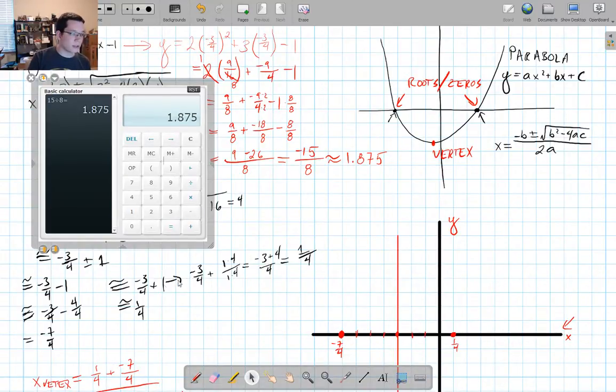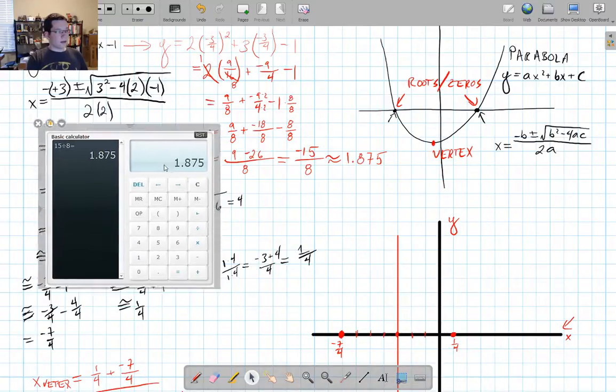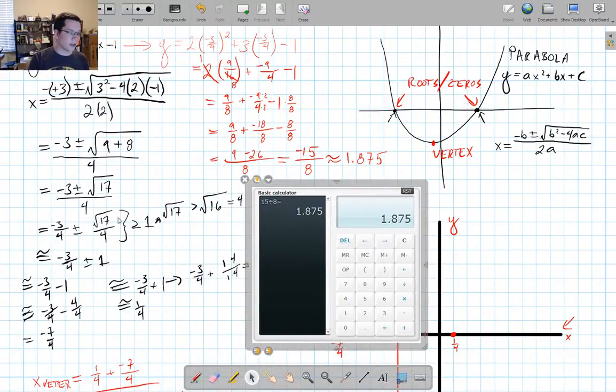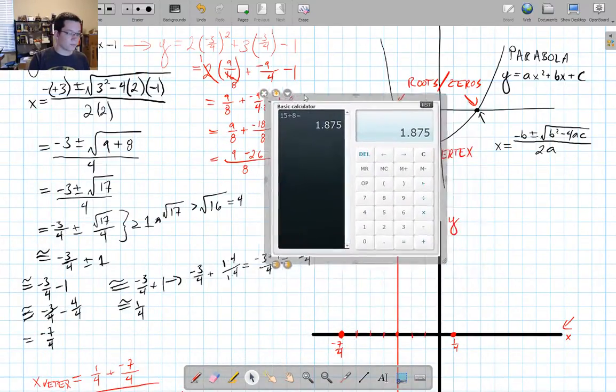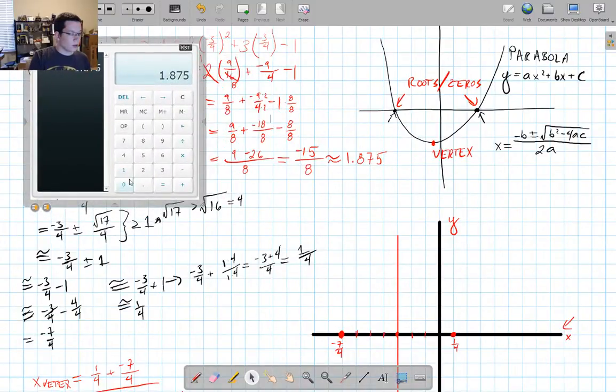based on our assumption that the roots are sufficiently close to their rational counterparts. So now we'll check how close this rational counterpart is. So we're going to do the square root of 17. Where's the square root button?